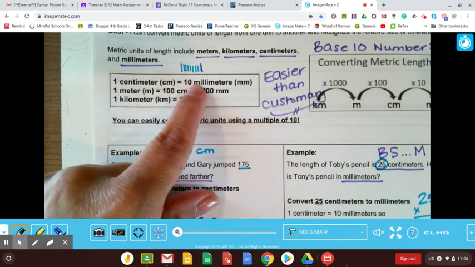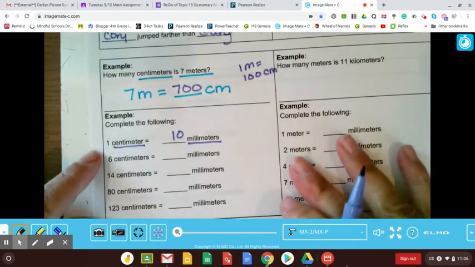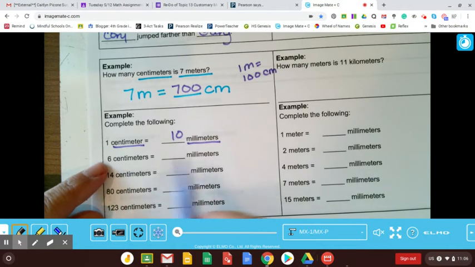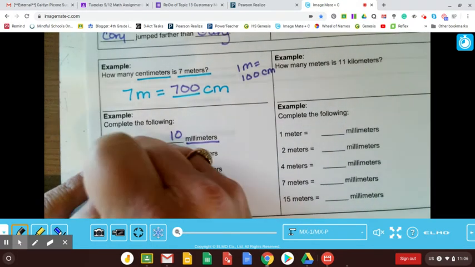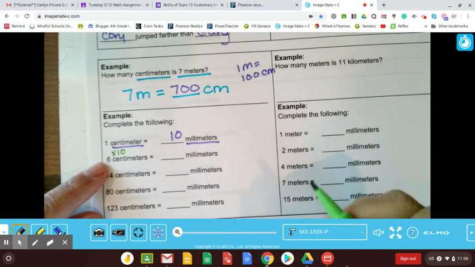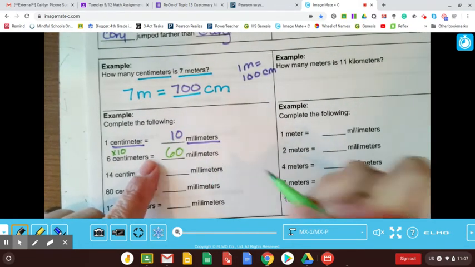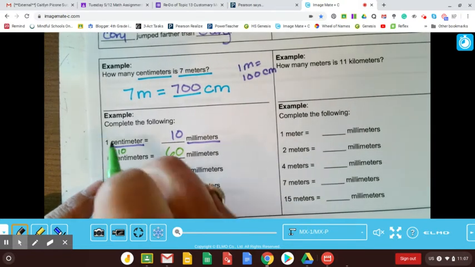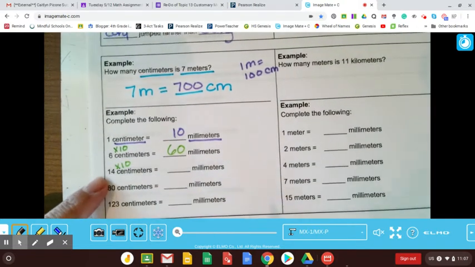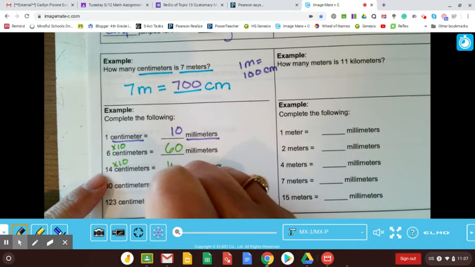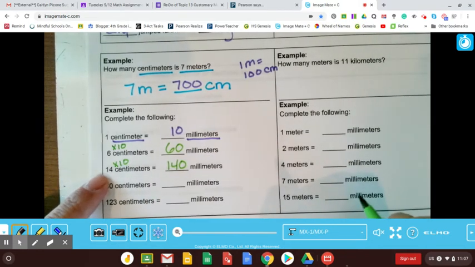So to go from centimeters to millimeters, all I have to do is multiply by 10. So 6 centimeters multiplied by 10, 6 times 10, would be 60 millimeters. If I had 14 centimeters, I'm still multiplying by 10, and I would get 140 millimeters.